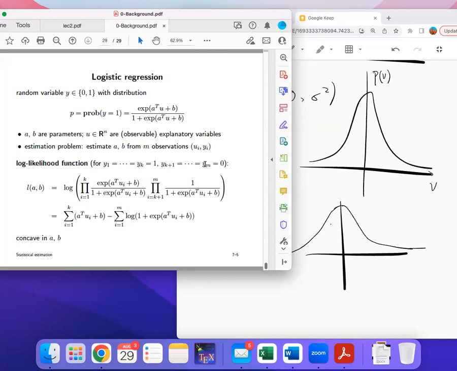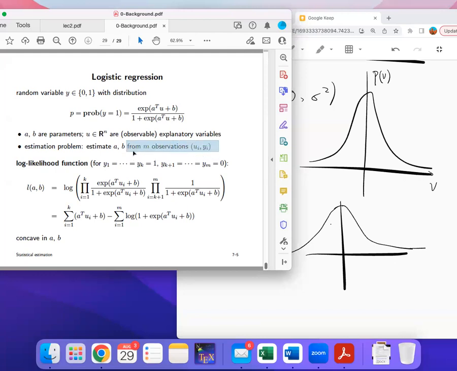Another example is this logistic regression application, where we talk about designing a more probabilistic model to do binary classification. So what is the problem setup here? We have a bunch of observations. This is our data, ui.